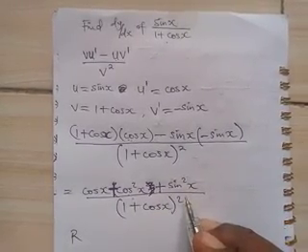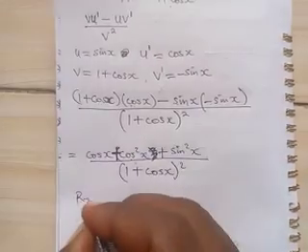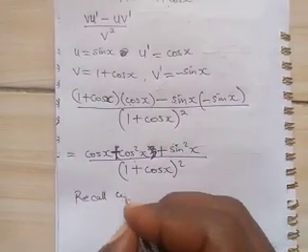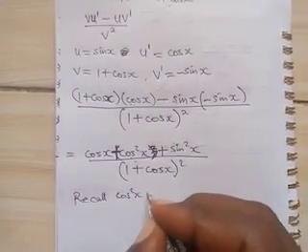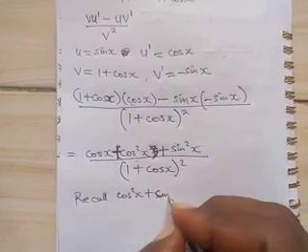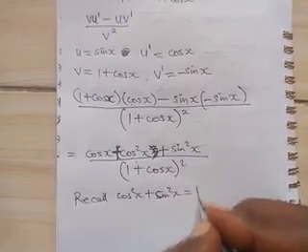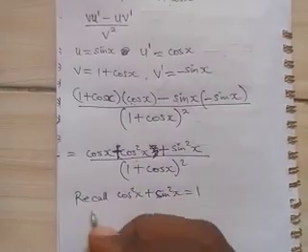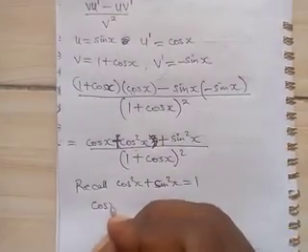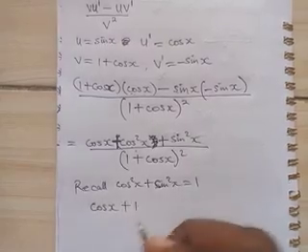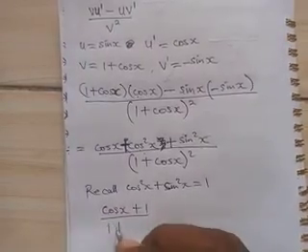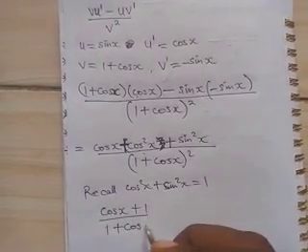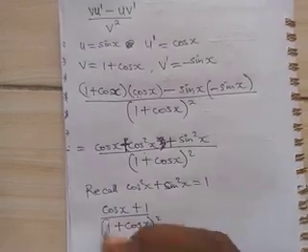We need to recall a fundamental identity that says that cos square x plus sine square x is equal to 1. So here and here, they are equal to 1. So we'll say cos x plus 1 over 1 plus cos x all squared.